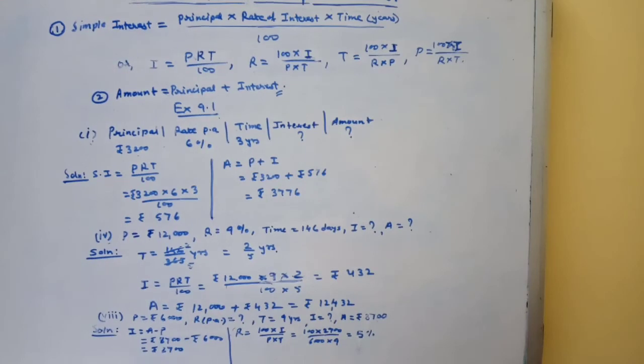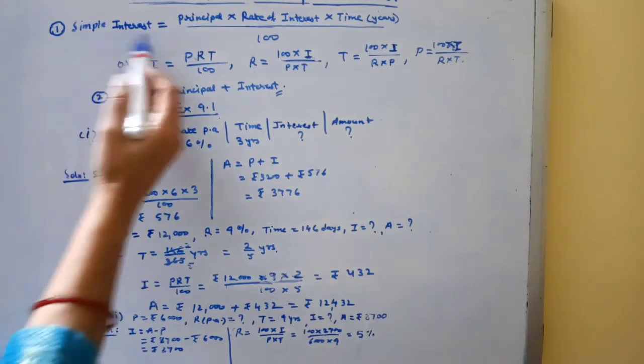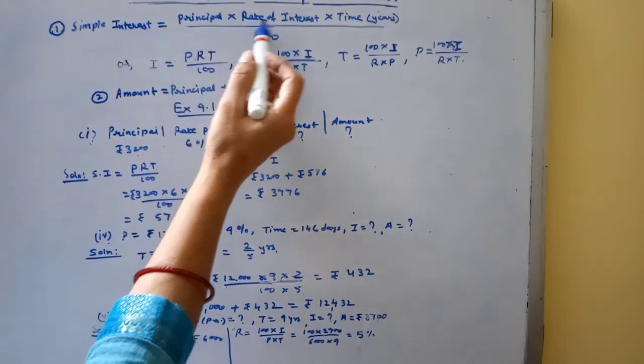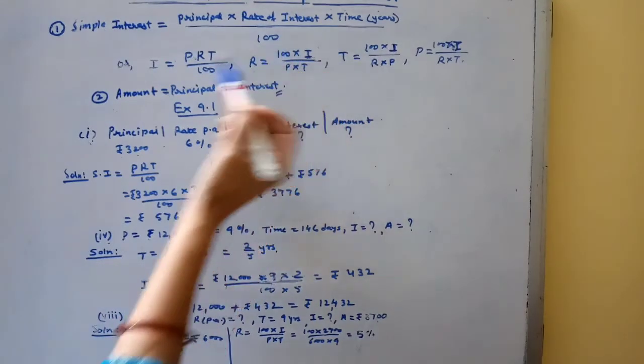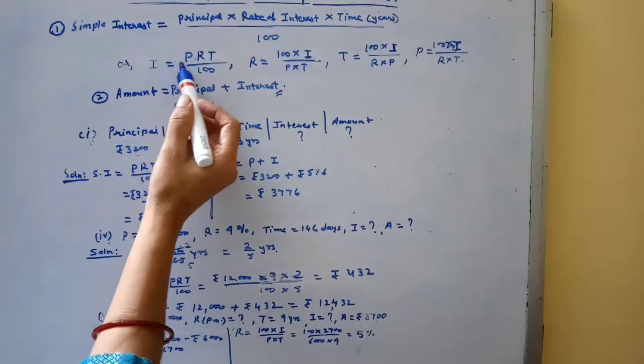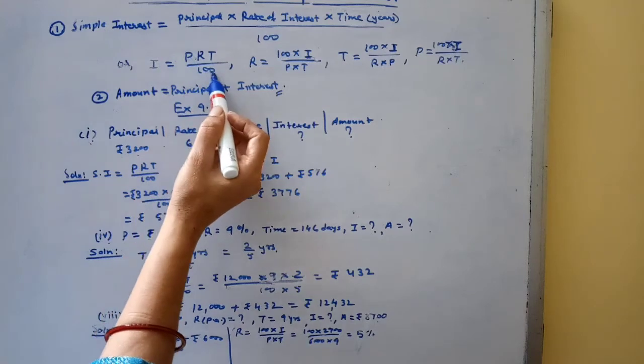The formula to calculate simple interest is principal into rate of interest into time in years divided by 100, or interest is equal to PRT upon 100.